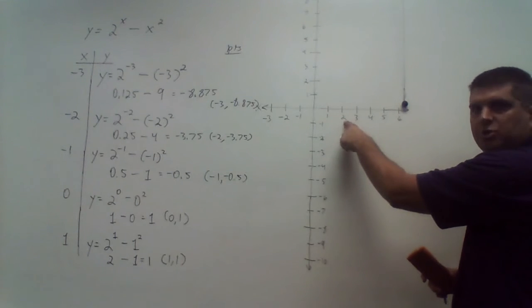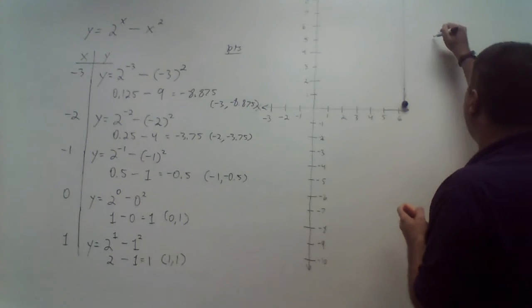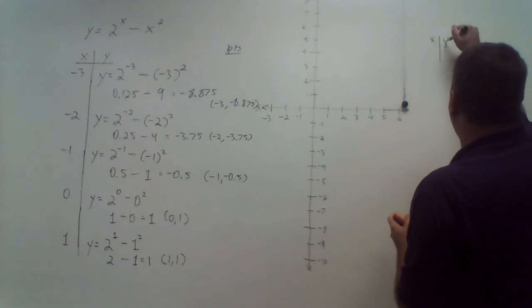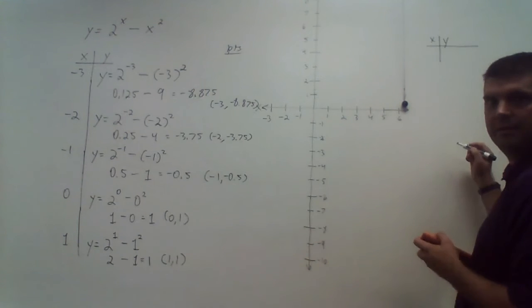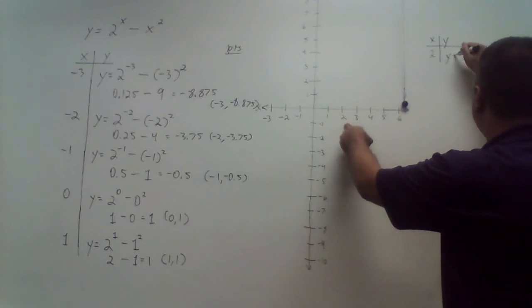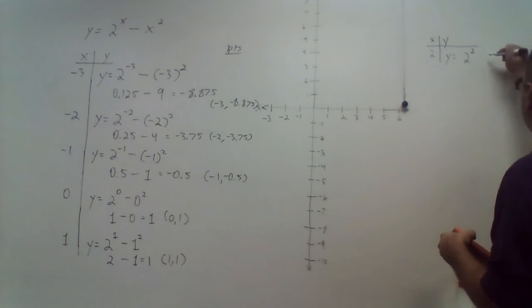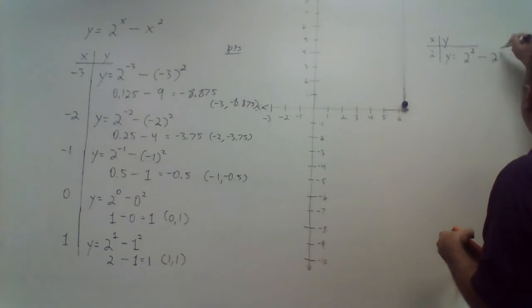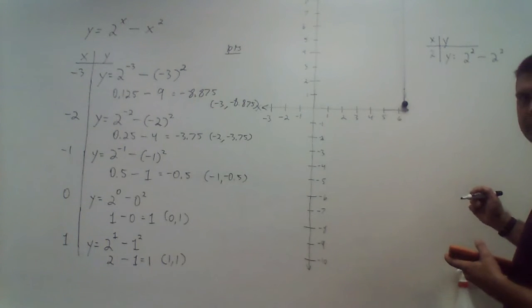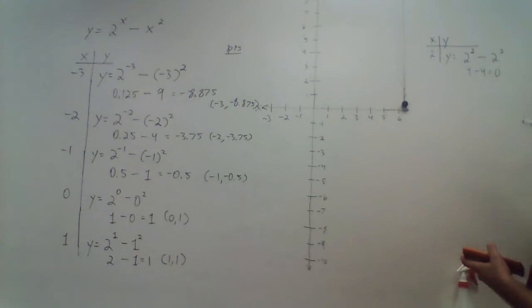All right? So now I have done negative 3, negative 2, negative 1, 0, 1. Now it's time for me to do 2. So x is 2, y would equal 2, x replaced with 2, minus 2 squared. 4 minus 4 is 0.